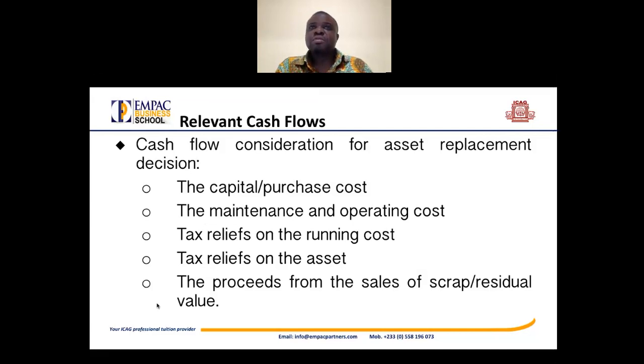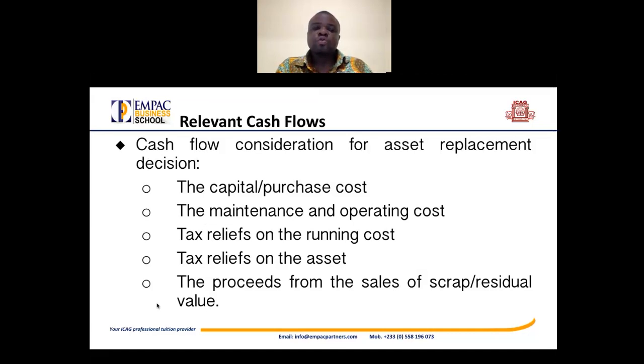That cost may be allowable for tax purposes. And in determining the replacement decision, you would have to determine the tax reliefs on that running cost as part of the cash flows, if it is given in the examination question.